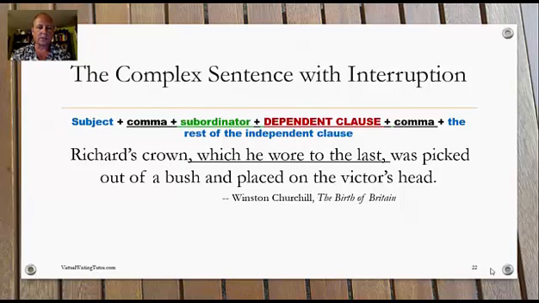We have Richard's crown, which is our subject, was picked out of a bush and placed on the victor's head, which is the rest of the independent clause, but in the middle, set apart with commas, you have which he wore to the last. This phrase, this dependent clause, interrupts the sentence to give us a bit more information.